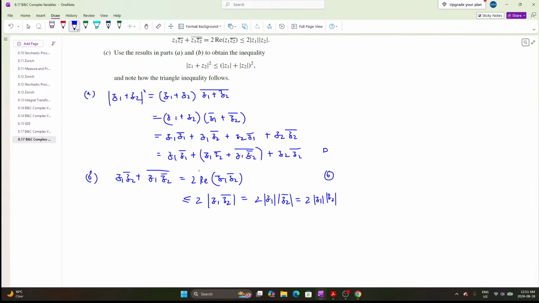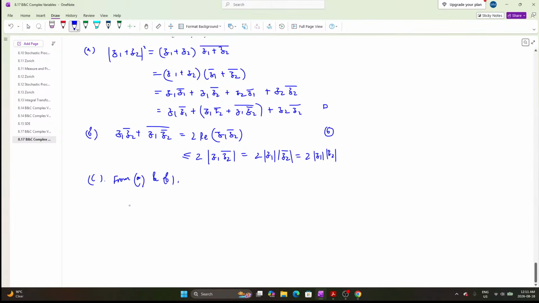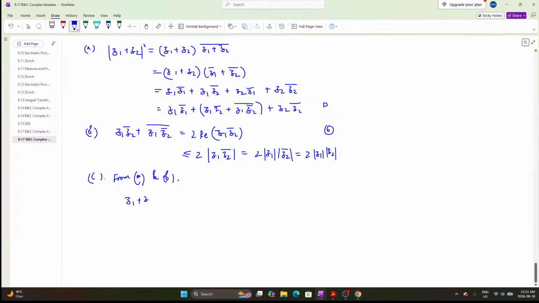Okay, so now we can combine the results. From part A and B, you have z1 plus z2 modulus squared. This is less than or equal to z1 modulus squared, plus the middle term, which has upper bound of 2 z1 modulus z2 modulus, and then plus z2 modulus squared.